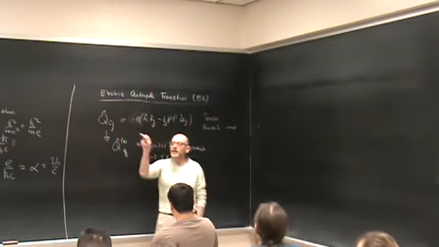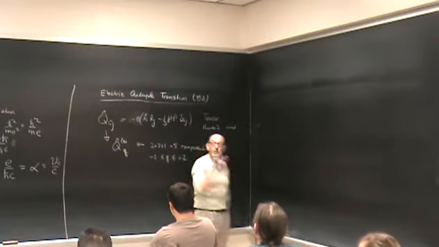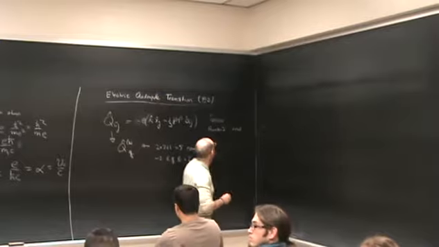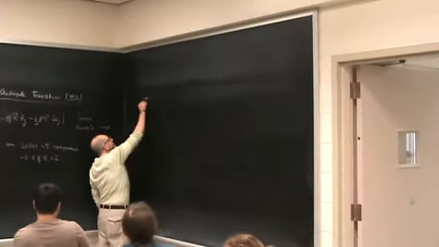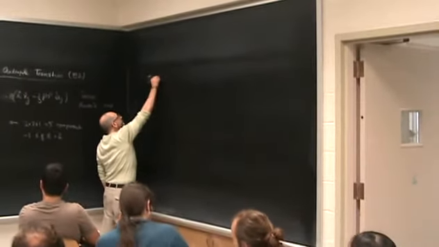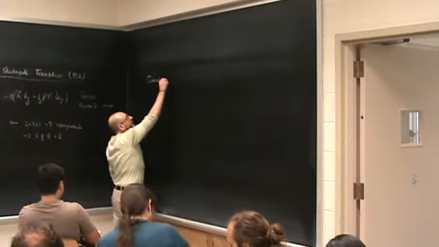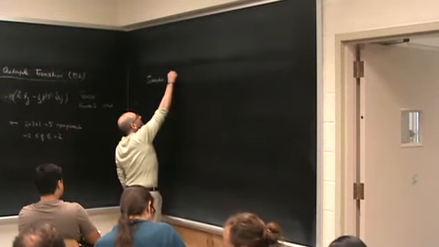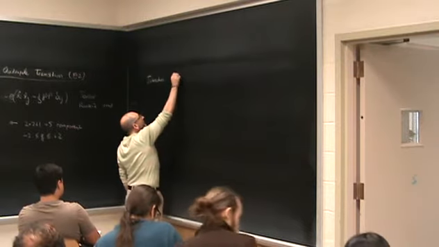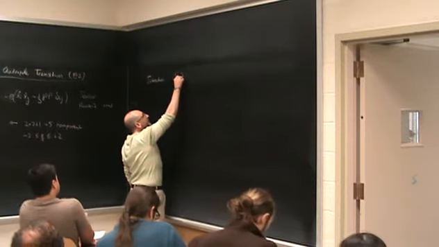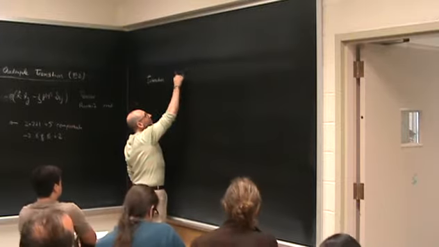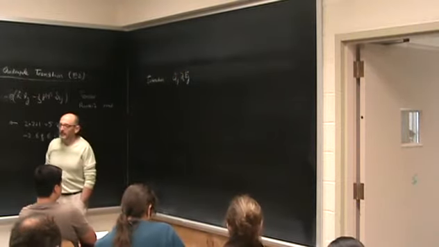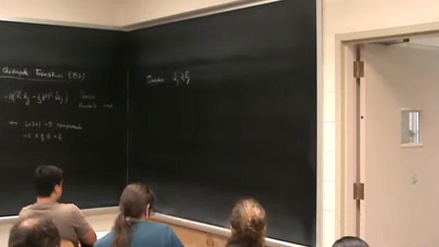All right, my interaction Hamiltonian over there was the sum over i and j of the i component of the gradient of the j component of E. All right?